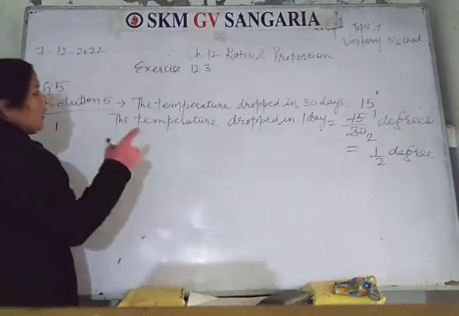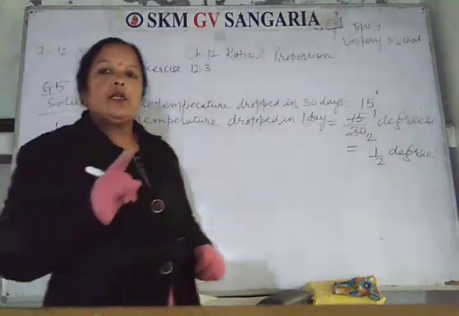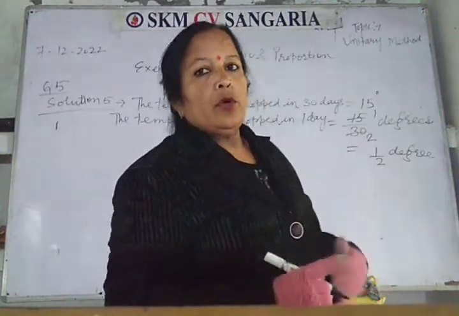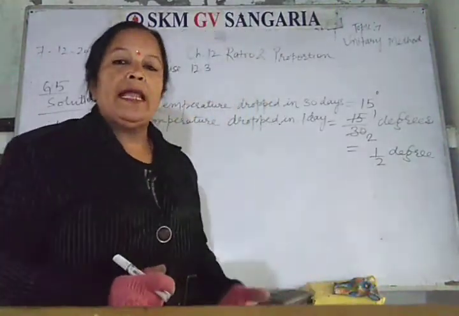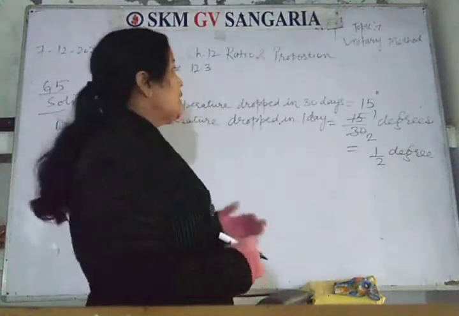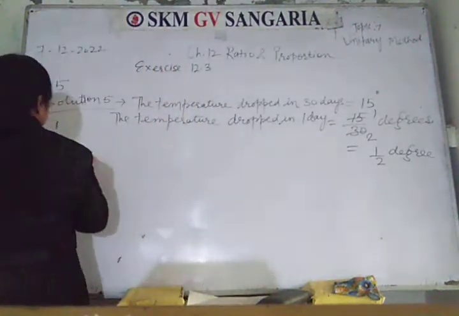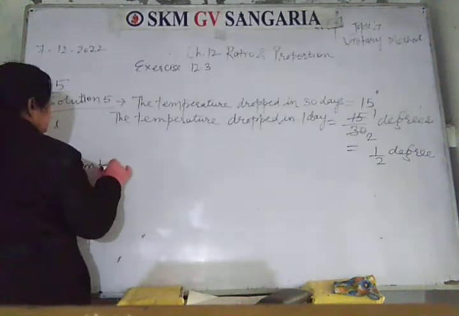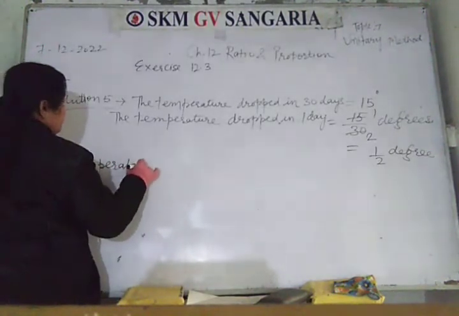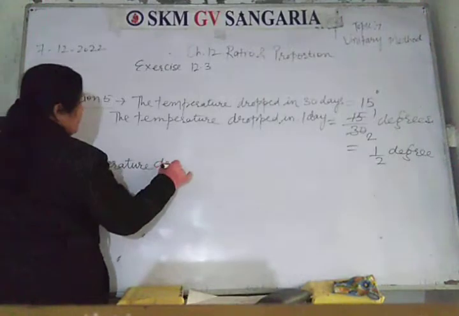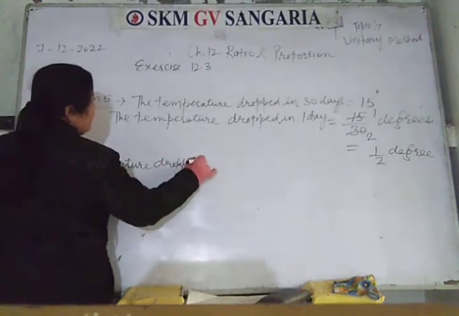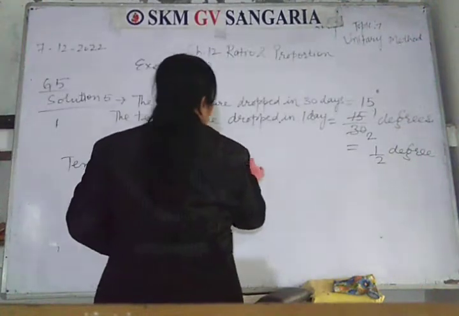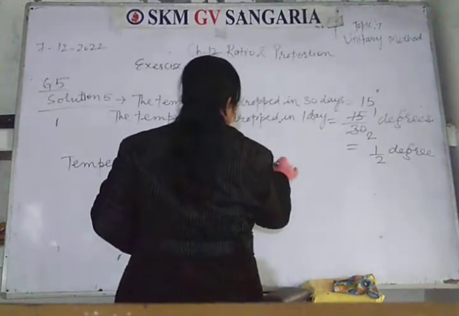Then we have the temperature dropped in 1 day. So we can calculate the temperature dropped in how many days? Here, the temperature dropped in 10 days.